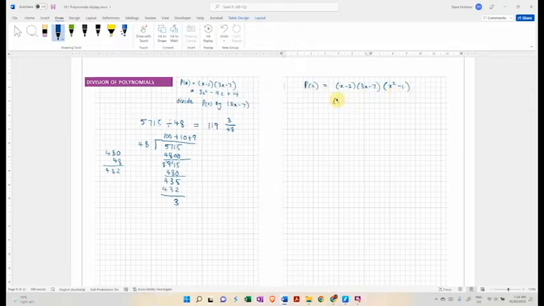And I'll start by multiplying these two terms, and you can cross multiply: 3x cubed minus 3x minus 7x squared plus 7. And I have done the multiplication.